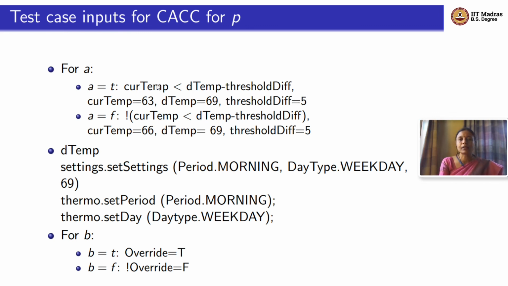All these current temperature and threshold difference were inputs. Desired temperature was a local variable. So we could, let's assume we know the domain, we could assign values. In general, you can't scale it up. If you have a large program with several thousand lines of code and let's say a few dozen variables, you may not know how to assign values, right?